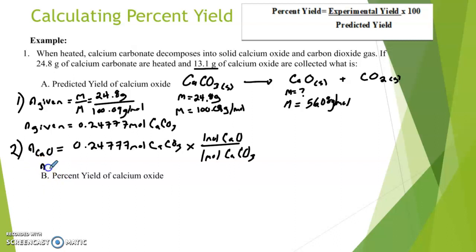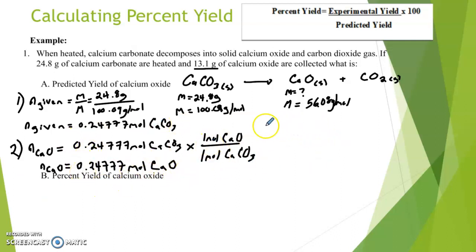And that is going to give us our moles of calcium oxide to be the exact same thing. Nice. And 1 mole ratios are always nice, but we have to do the math to make sure and show this.